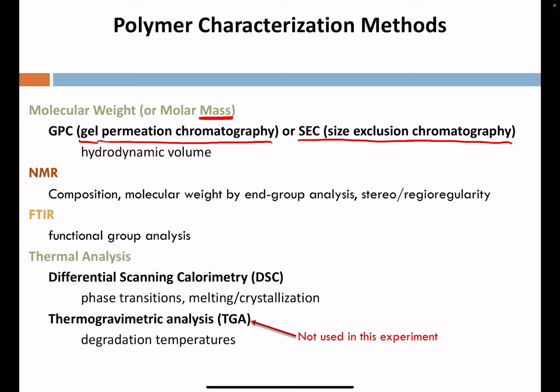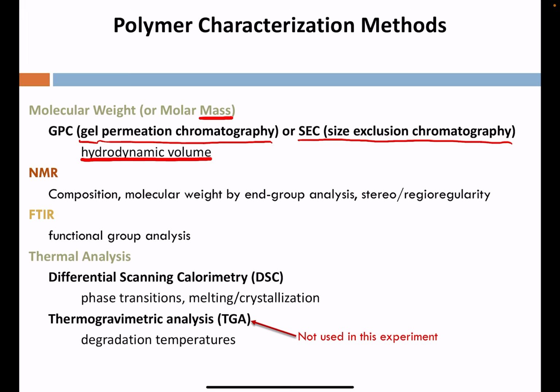And we'll see here that the guiding factor that helps us determine molecular weight is the hydrodynamic volume. That is to say, the size of a free chain, including size due to solvent molecules within this volume that makes up the chain size.